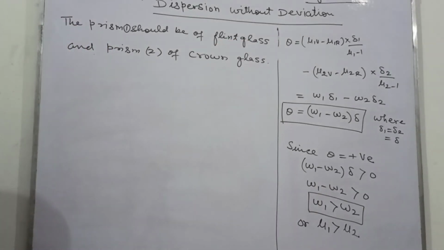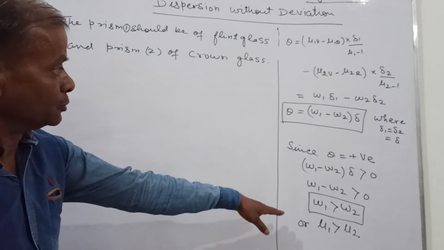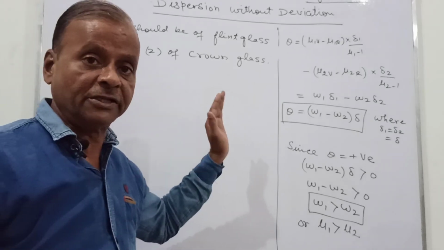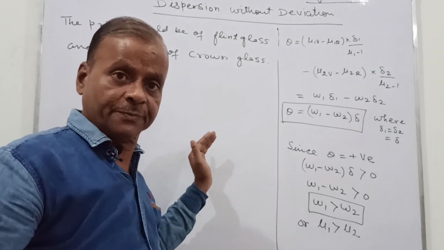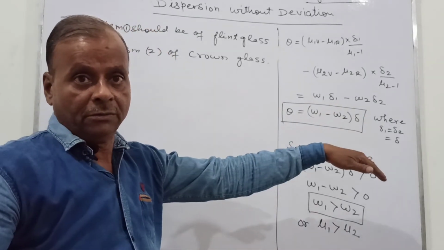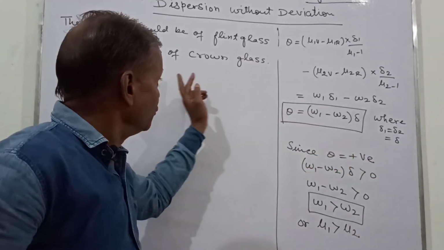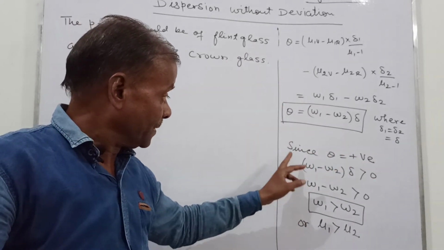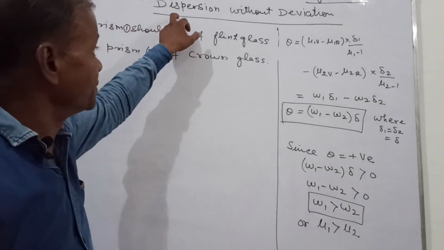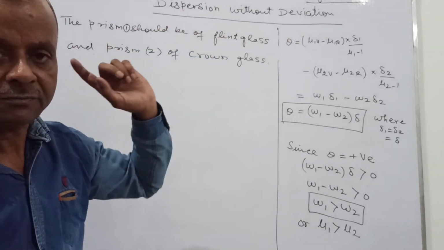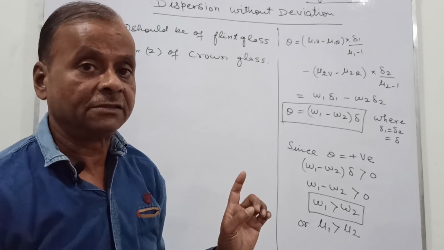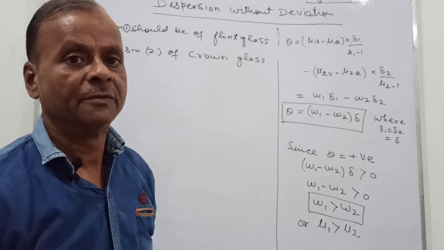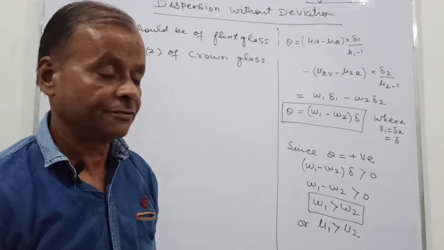Because for flint the refractive index is more, the incident ray must fall on the flint glass prism, and it must come out from the second prism made of crown glass. So for dispersion without deviation, it is necessary that the first prism must be of flint glass and the second prism of crown glass.